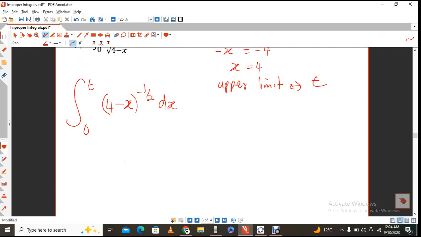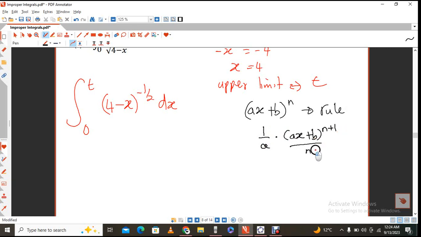Okay, let's now integrate. And again, remember the rule when you are integrating: you have ax plus b all raised to the power of n. You definitely have to remember this rule where you have 1 over a multiplied by ax plus b to the power n plus 1, all over n plus 1. No need for the constant because we have got limits here.